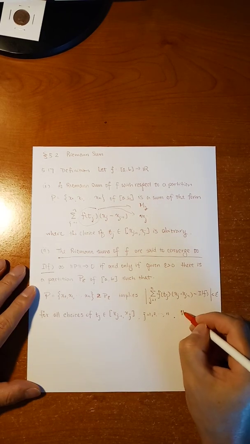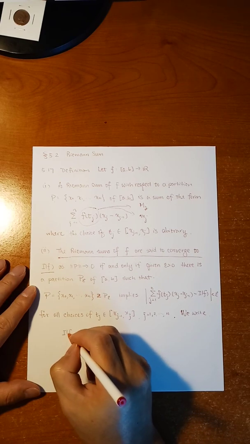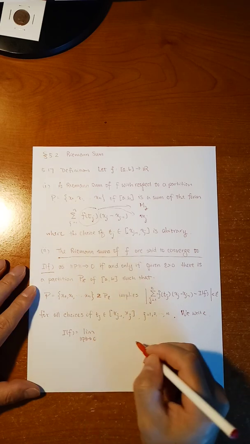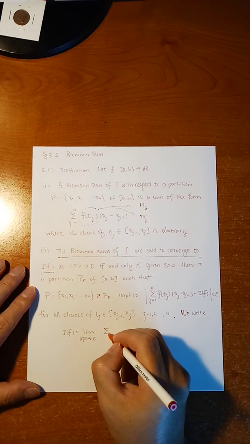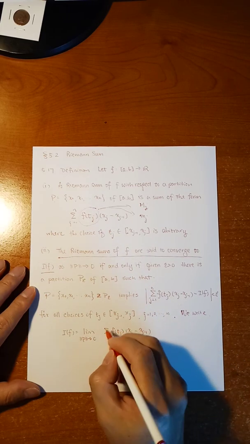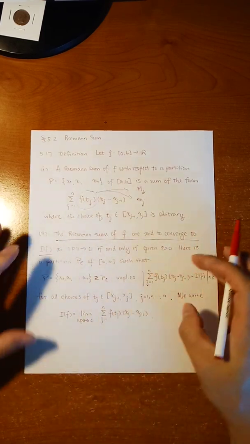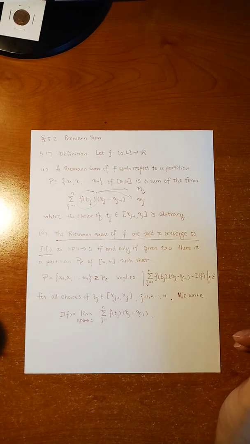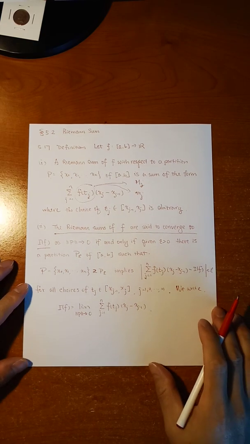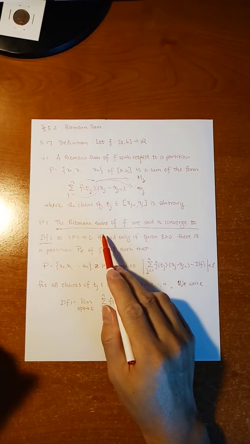And we write this I(f) as a limit, as the norm of the partition approaches 0, of sigma f(tj)(xj minus xj-1), j from 1 to n. That's the notation, and this is the meaning of this limit. Good, so this is the convergence of the Riemann sum.